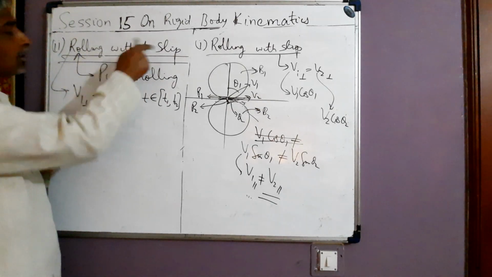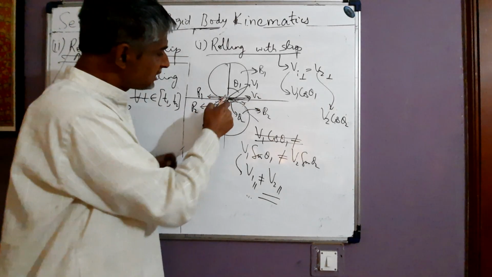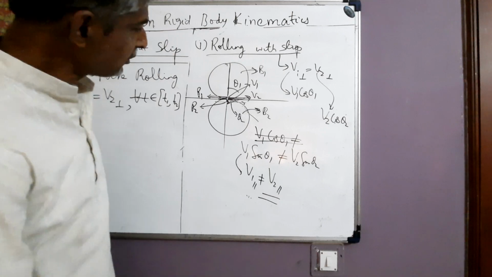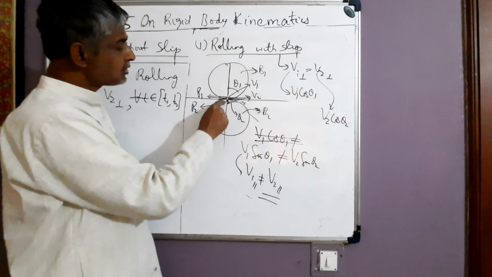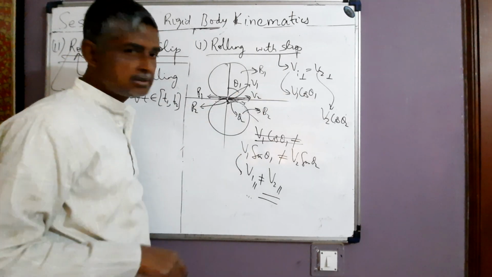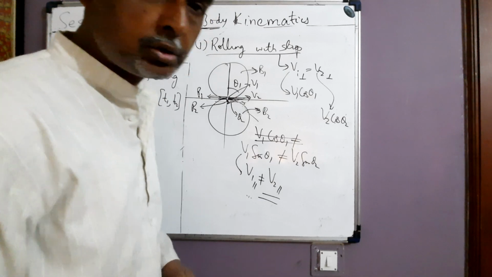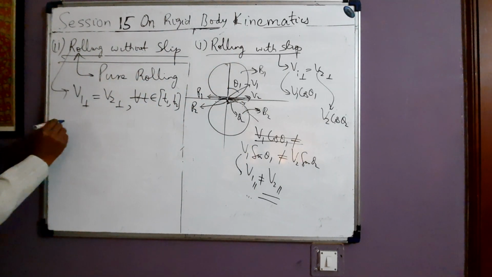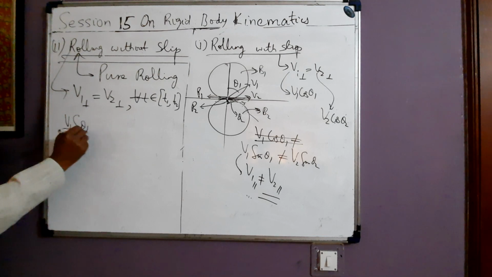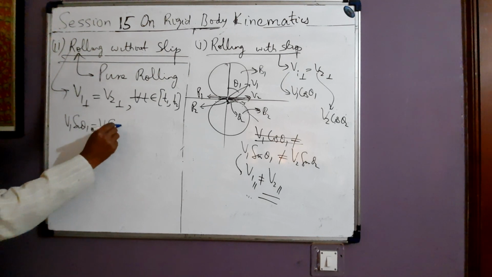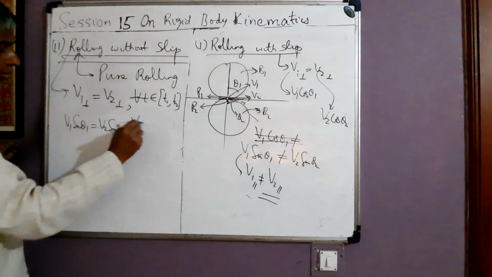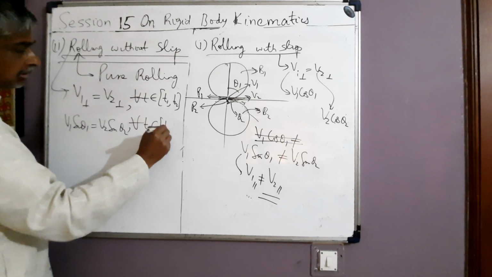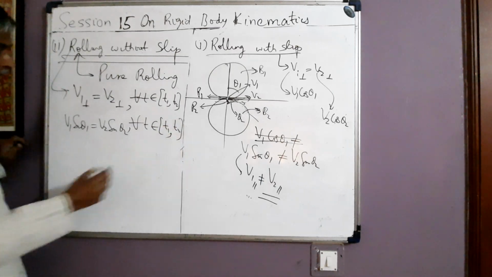But see, it is rolling without slip. Now P1 is not slipping over P2. This is possible only when component of velocities of P1 and P2 in tangent plane are always equal in magnitude and direction both, for whatever 2 points are in contact. So in rolling without slip, V1 sin theta 1 is equal to V2 sin theta 2 for all times belonging to T1, T2.